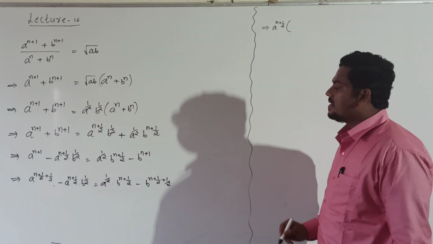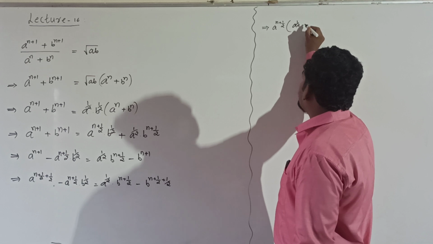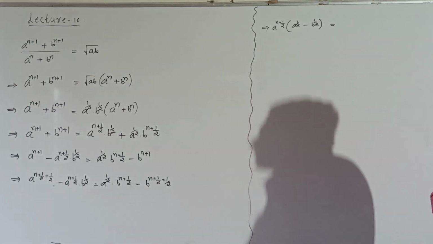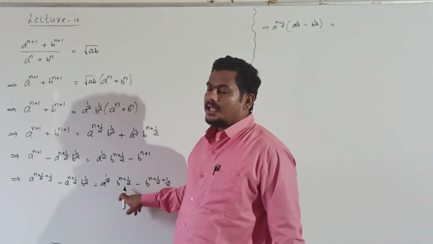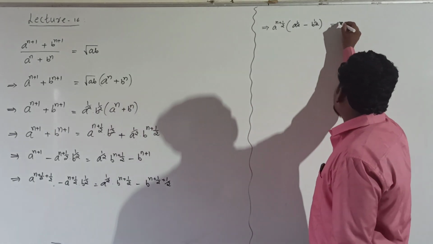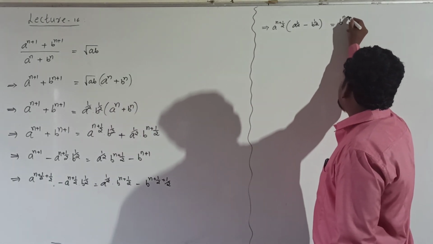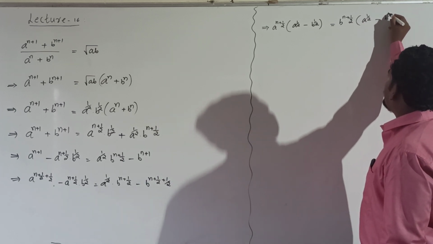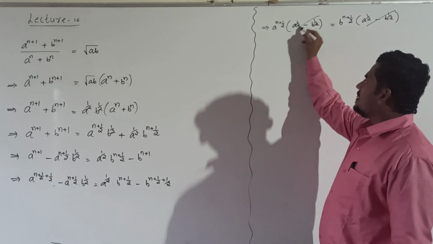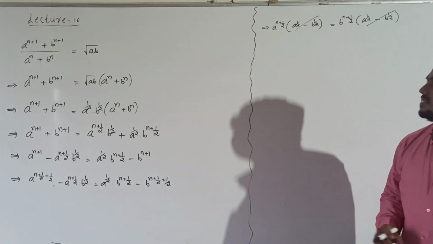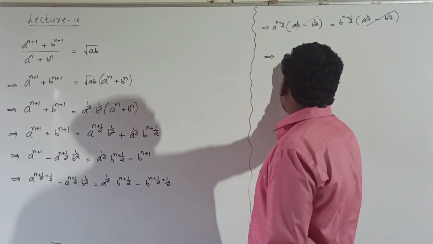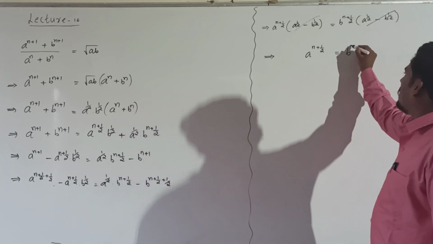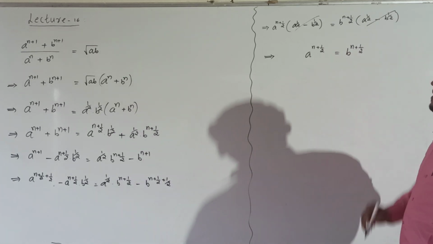Then what remains is a^(1/2) minus b^(1/2). That is equal to, in RHS, taking b^(n+1/2) common, then remains a^(1/2) minus b^(1/2). Now on both sides, a^(1/2) minus b^(1/2) will get cancelled. Next, a^(n+1/2) is equal to b^(n+1/2).